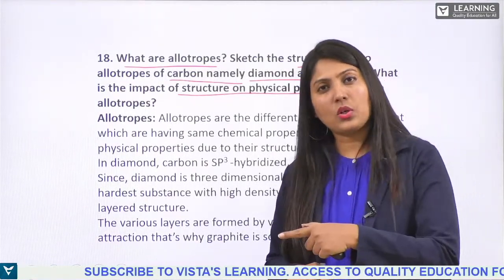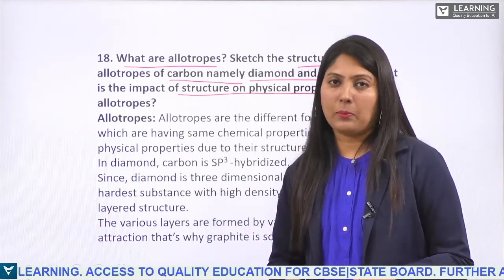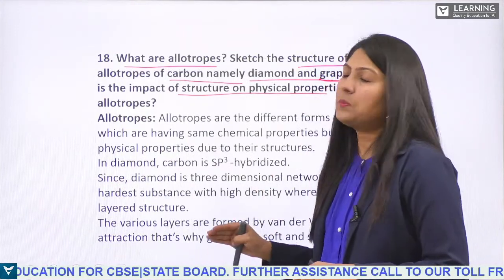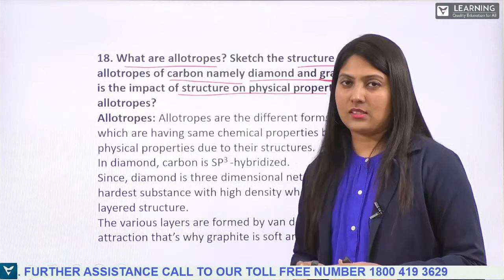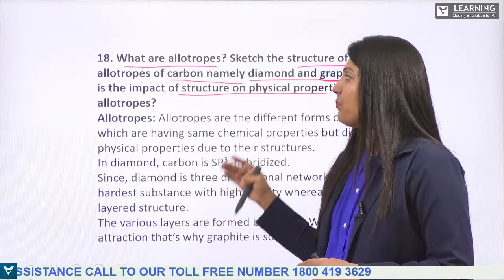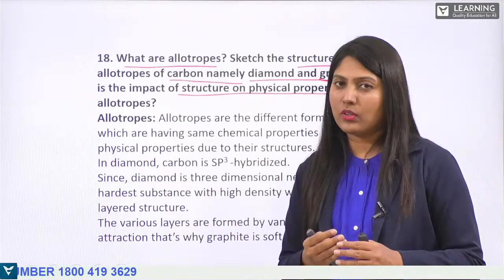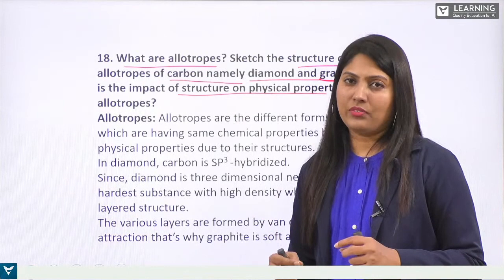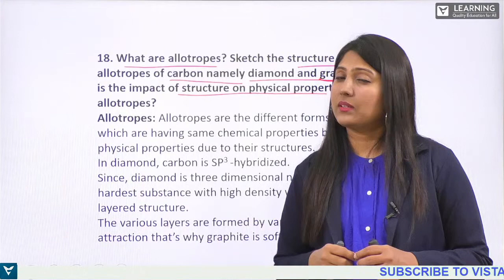Either it is isotopes or allotropes, both have different physical properties but not chemical properties, because in isotopes, the number of electrons present in the outermost shell matters. So for carbon 12, carbon 13, carbon 14, outermost electrons will be the same. Since the electronic configuration is the same, the chemical properties will also be the same.